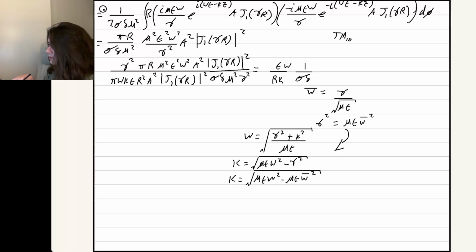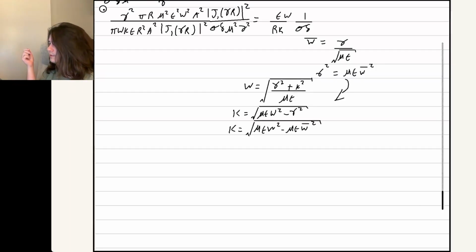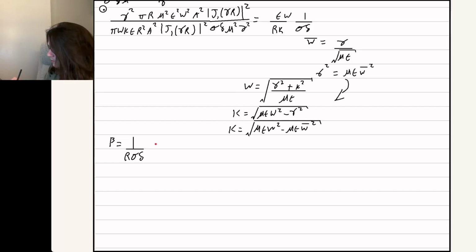So now you can just plug this into our attenuation constant. So we're keeping the 1 over r sigma delta. We get to have epsilon over root mu epsilon. So that's going to be fun. And then omega over the square root of omega squared minus omega bar squared.